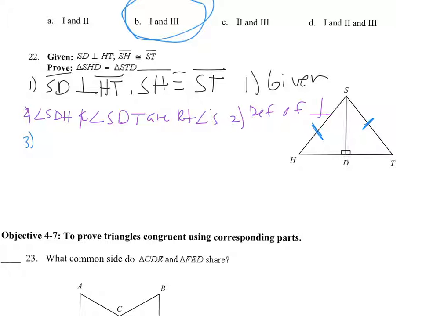And then it looks like SD is congruent to SD. SD, South Dakota, is congruent to itself. That's going to be reflexive. So if I would look at this, I would have a side angle, or angle side.